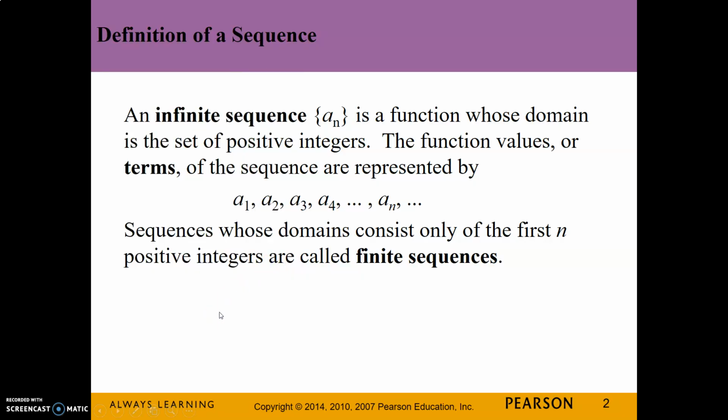So, sequences. A sequence is simply a set of numbers. It can be called a function, but it's really not necessarily always a function. So we have these little fancy brackets, or cursive brackets, and the sequence would be called a sub n. Now, n is simply a positive integer, as they're saying here.